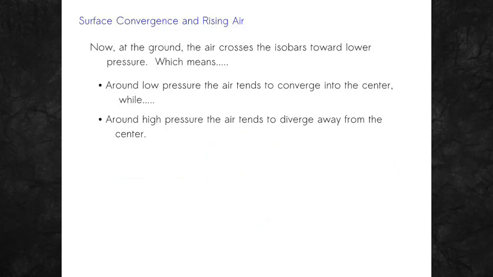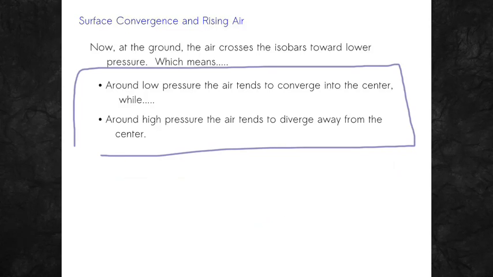The winds are going to cross towards lower pressure, which is diverging. Okay. So generally speaking, around high pressure, air diverges, and around low pressure, air converges at the ground.